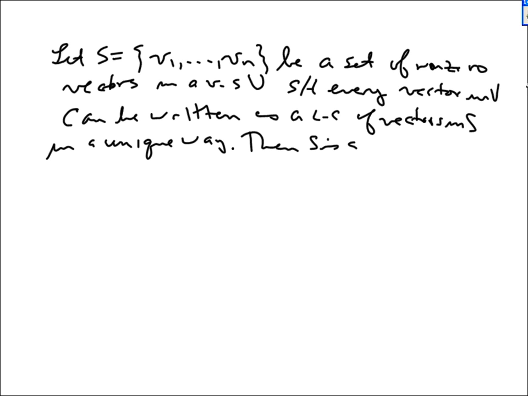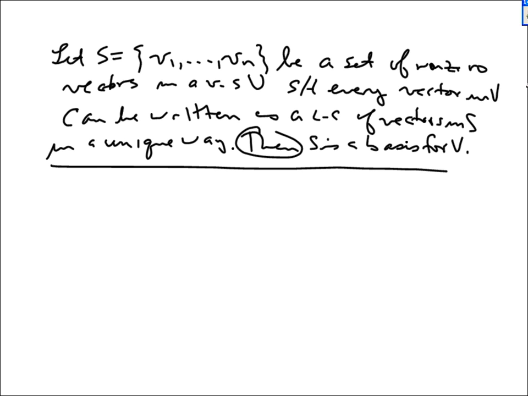Then S is a basis for V. Show that S is the basis for V. Should probably say show that. Okay. So we need to show linearly independent and that it spans V. So let's actually write that. Proof.